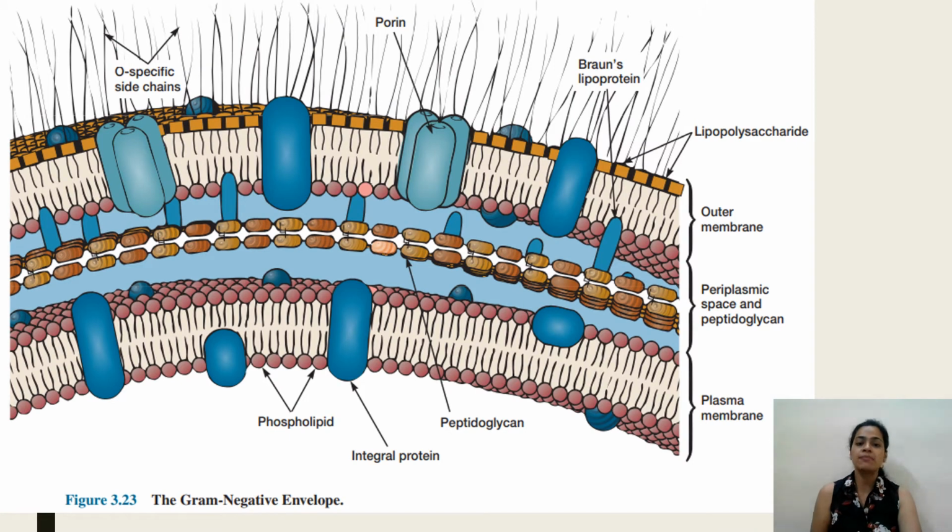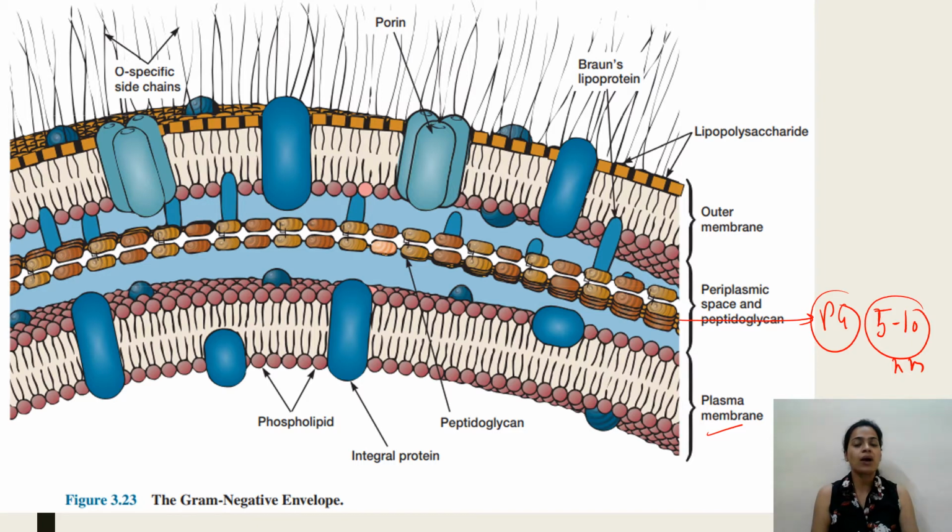Now, if we see the gram-negative bacteria, you can see it is a little bit more complex than the gram-positive bacteria. Here is the plasma membrane, and just above that there is a peptidoglycan layer, a very thin one, only 5 to 10 nanometers thick.